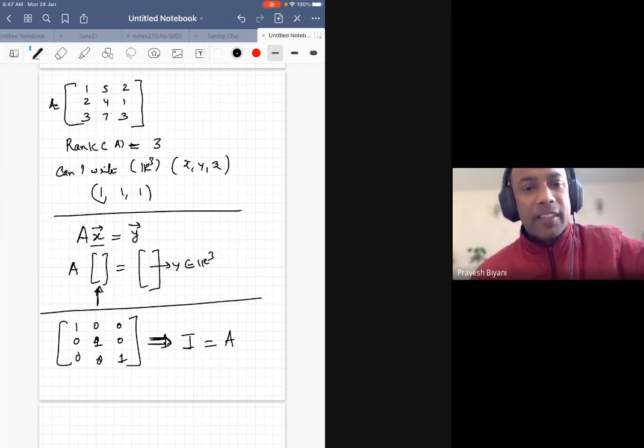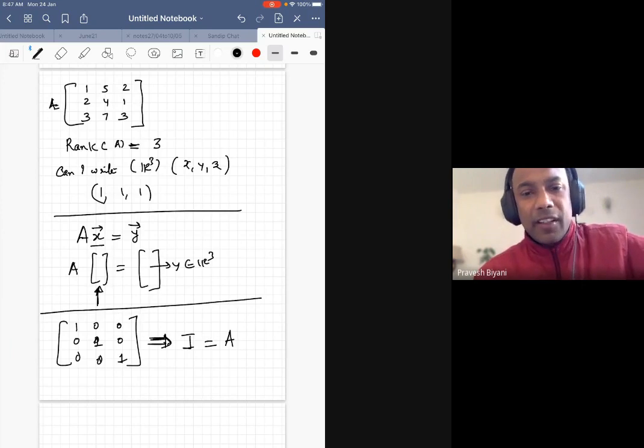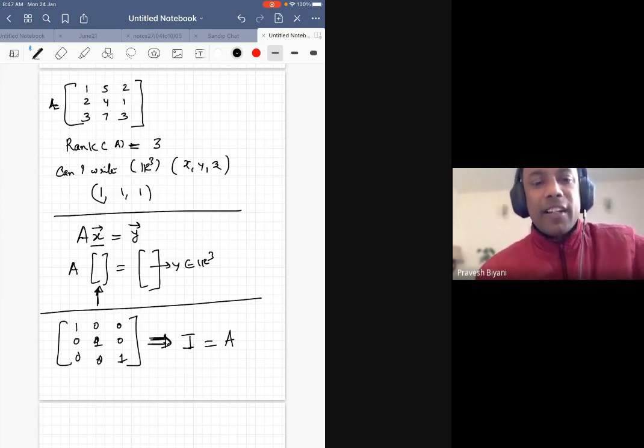We have proved that it's a vector space. Now we are taking it one step ahead: the columns of A contain the basis of some vector space, and using that as basis, we can derive any element of that space. This is the only idea I want to give you.